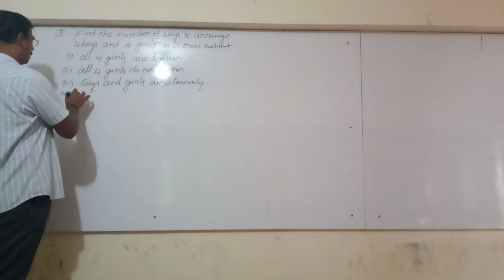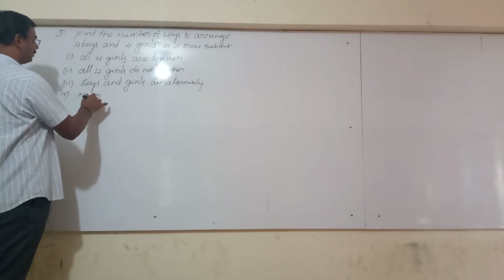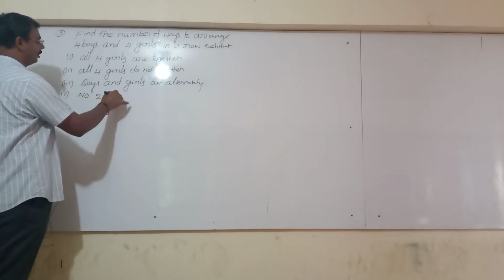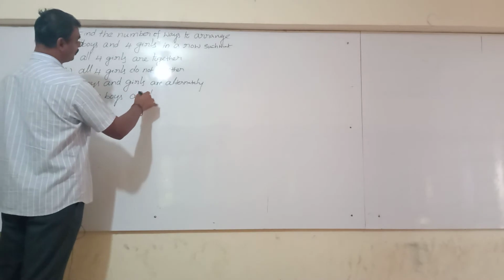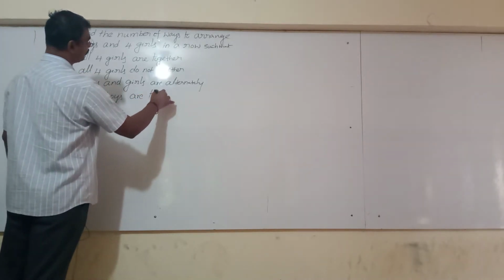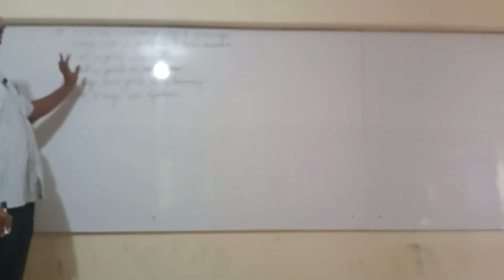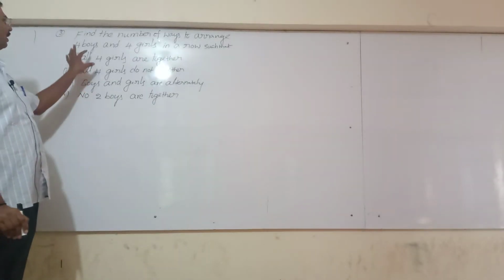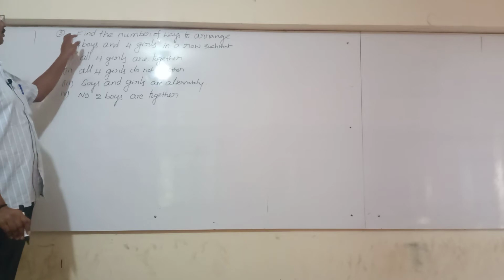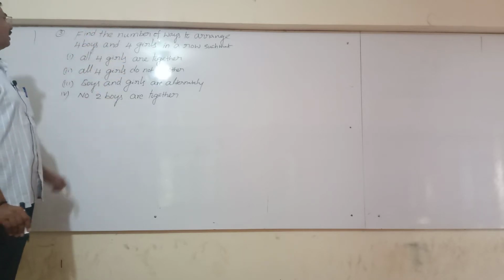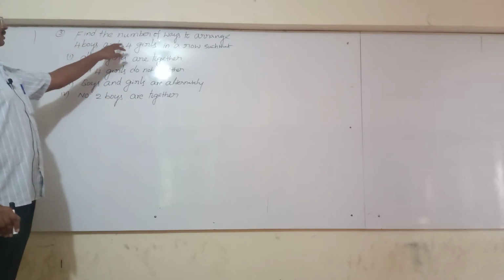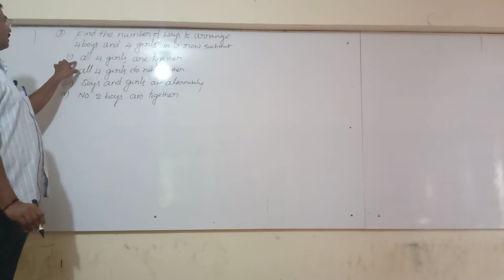Fourth one, no 2 boys are together. So variety questions are being asked. Always you have to think variety here, it is important. Find the number of ways to arrange 4 boys and 4 girls in a row such that these conditions hold.